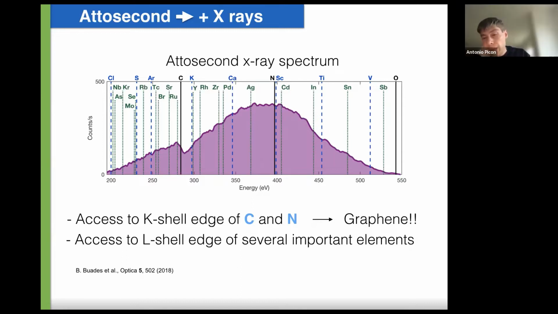Yes, absolutely. If you have the pump, the infrared pulse, you can have multiphoton. If that one is very strong, if you crank up the intensity, you can have a big fauna of states. Okay, I understand. Thank you.